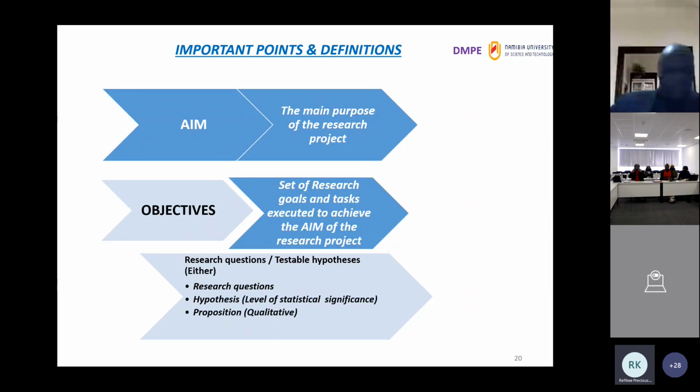Then you either ask research questions or hypotheses, but you don't do both, because the level of difficulty and becoming a fully burdened researcher to do both will be not only duplication, but also time wasting.